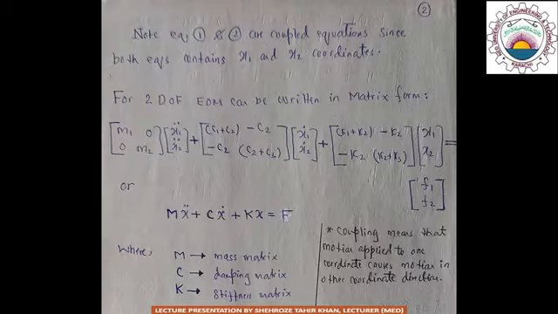Since before this topic we discussed the topic of coordinate coupling, by carefully observing equations 1 and 2, it is evident that these two equations are coupled equations, since both equations contain x1 and x2 as the coordinate variables.